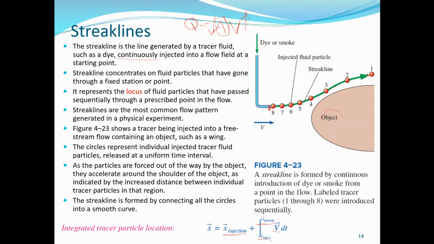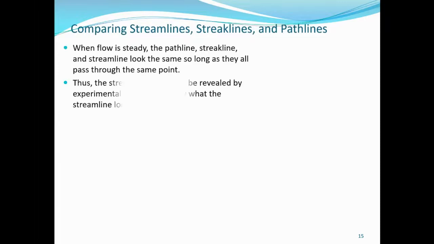Streak lines and path lines are all functions of time interval; they are time-integrated values. But for steady flow, when the flow doesn't vary with time, all of them represent the same thing. Streak lines will represent path lines and will represent streamlines.